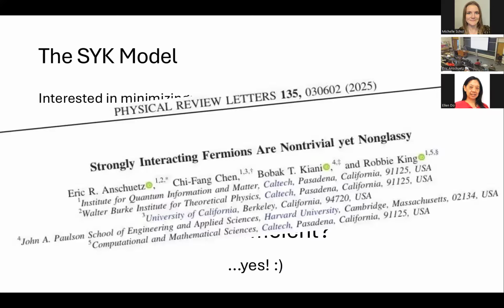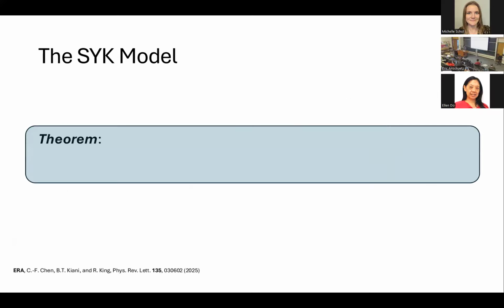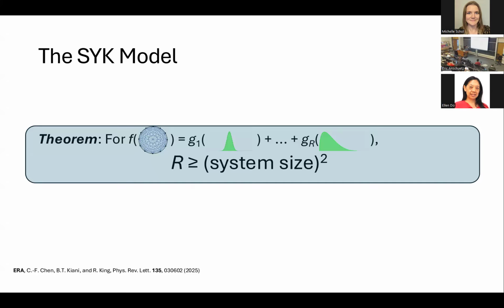The way to do this, first you can show, actually, that for these fermionic systems, this strange SYK model, if I try to have some kind of decomposition in terms of these classical shadow objects, this R, the number of terms in this decomposition, is lower bounded.